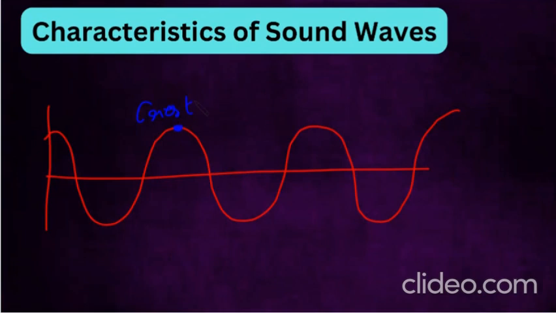On the other hand, bottom में जो point है of the curve, that is known as the trough. Okay, next thing, this distance, this much distance is known as a. That is amplitude. Okay, it is known as amplitude of the sound.